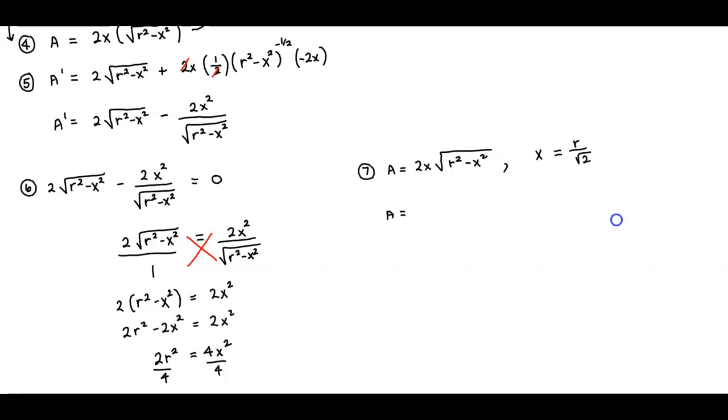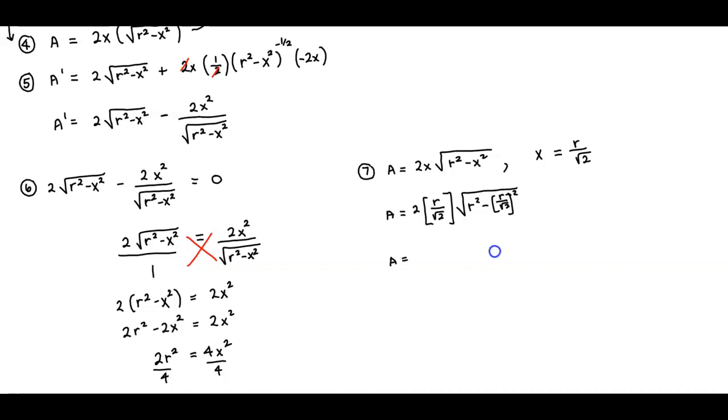So we have A, which is equal to 2 times r over the square root of 2, times the square root of r squared minus r over the square root of 2, squared. So we get the following.